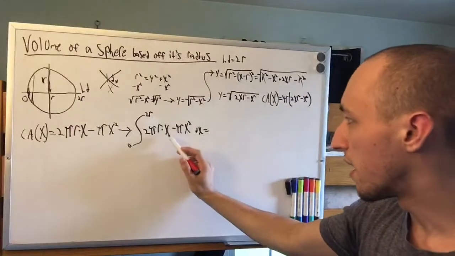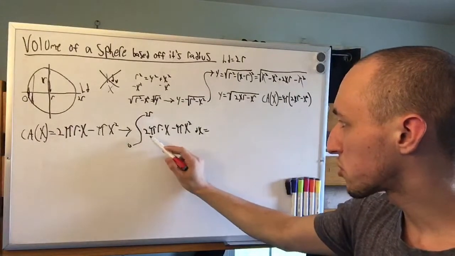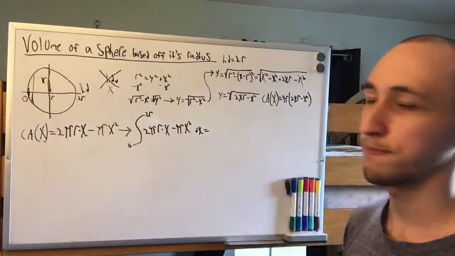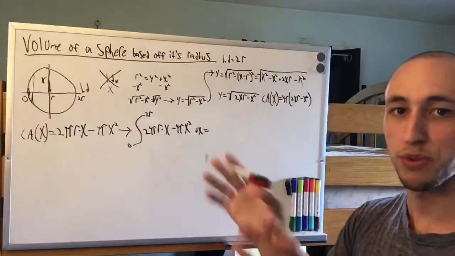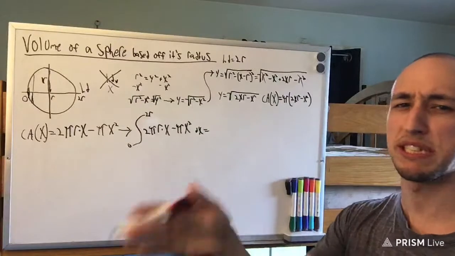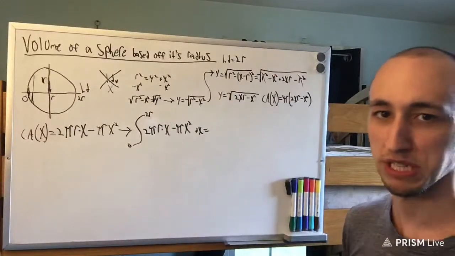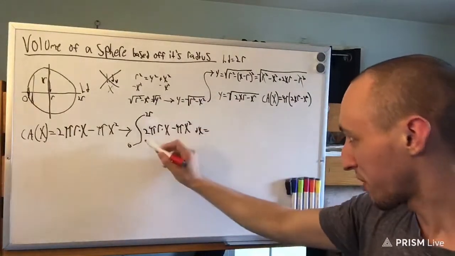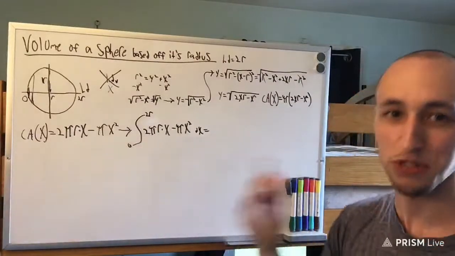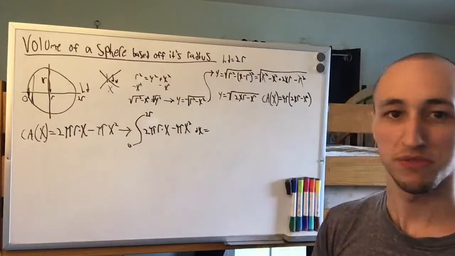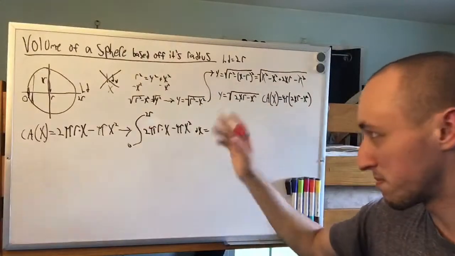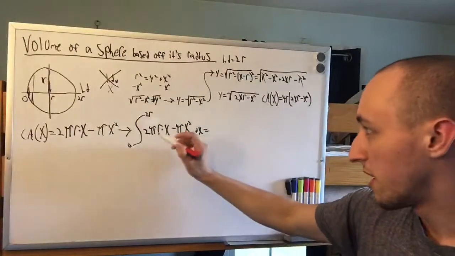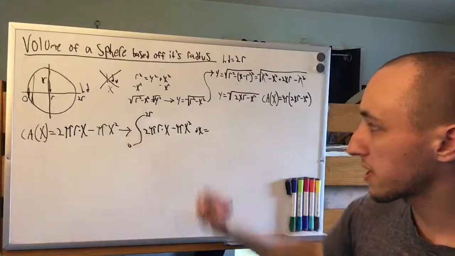All right? So 2 pi r x. Obviously, because of that minus sign, we do it in two separate batches. The integral of this whole thing equals the sum of the integrals. That's a rule, same thing with derivatives. So, antiderivatives, derivatives, same rule. So 2 pi r x.